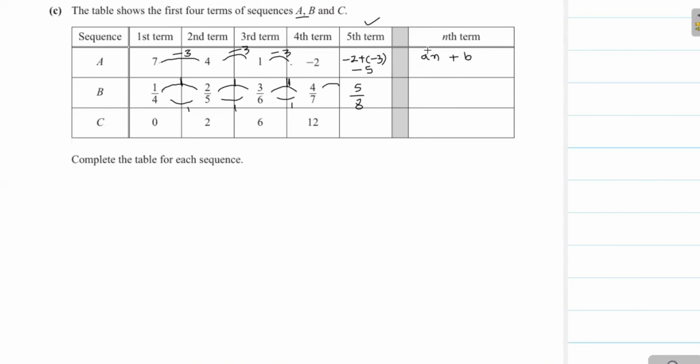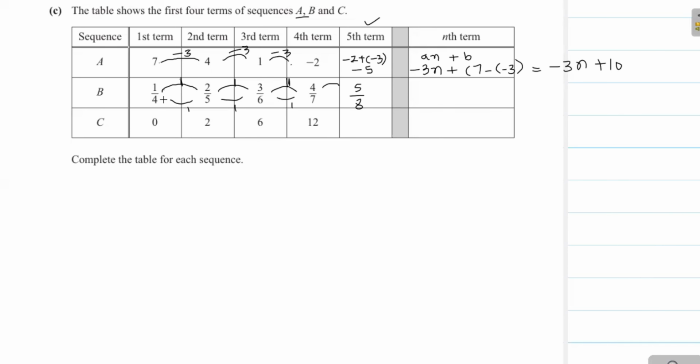This is the formula. A is the first difference between each sequence value. Therefore, we will write -3n. And b is the difference between the first value and the first difference value, and this will be equal to 7 minus -3, and this will be equal to -3n plus 10, and this is the nth term.